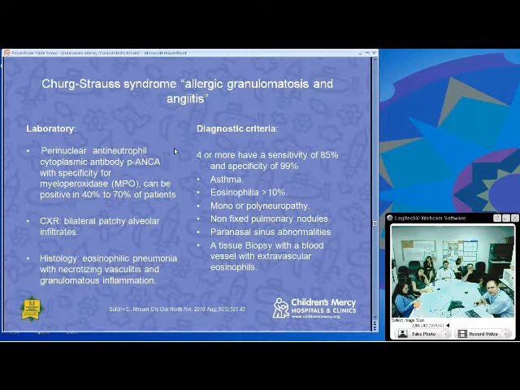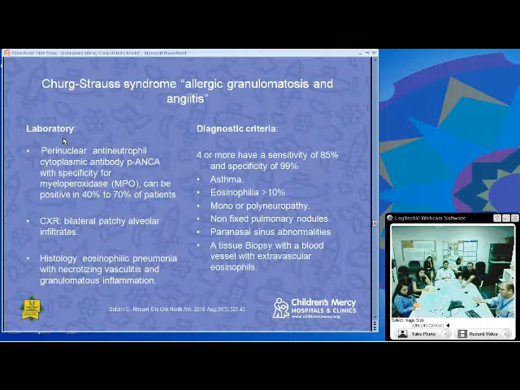So for the diagnosis, there are some laboratory tests and imaging, and similar to ABPA, we have a set of criteria for it.